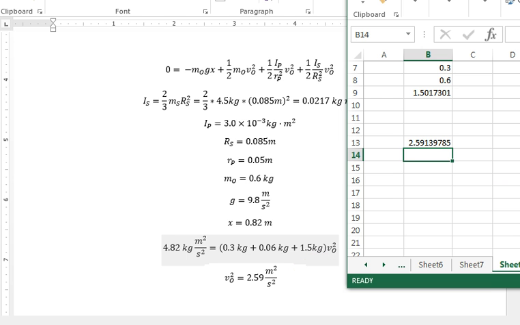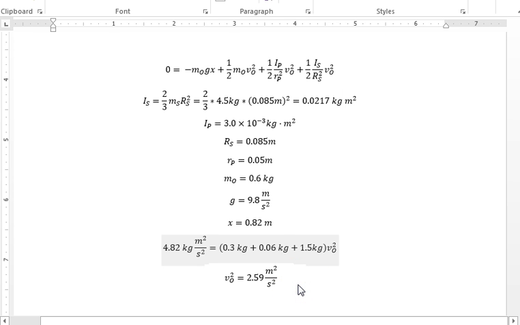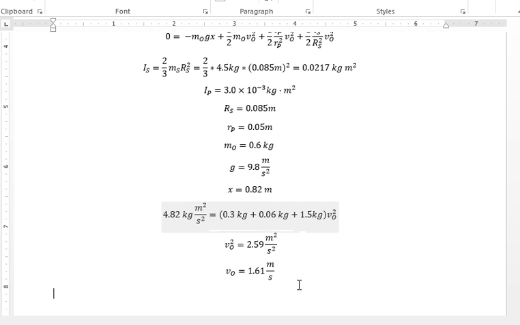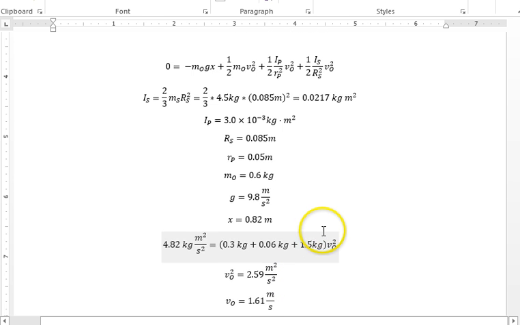And so we take the square root and we get 1.61. So the velocity of the object at the 82 centimeter mark is 1.61 meters per second. And I believe that is it.